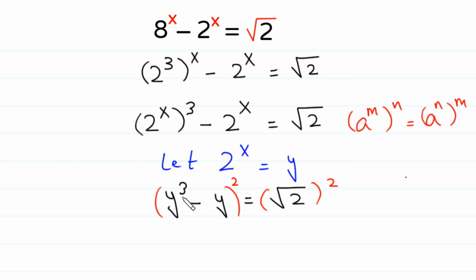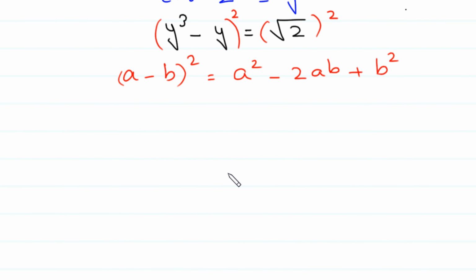Whole square of this y cube minus y will be taken according to this formula: a minus b whole square is equal to a square minus 2ab plus b square. Here y cube is as a and y is as b.